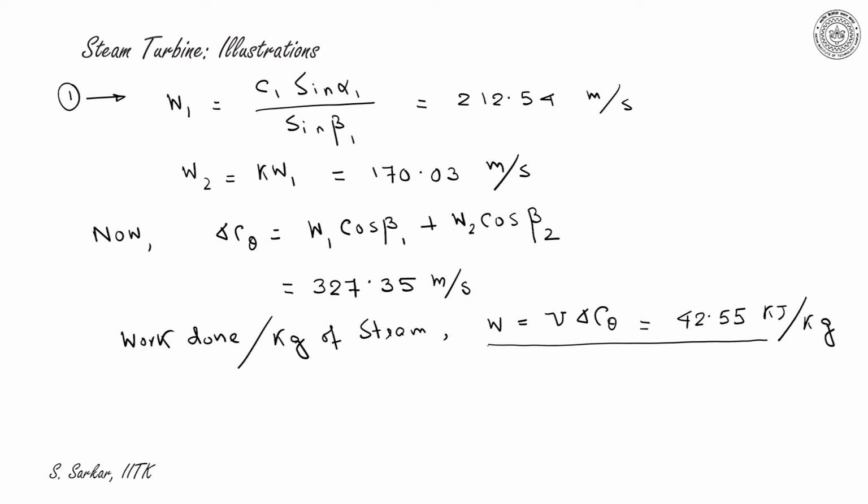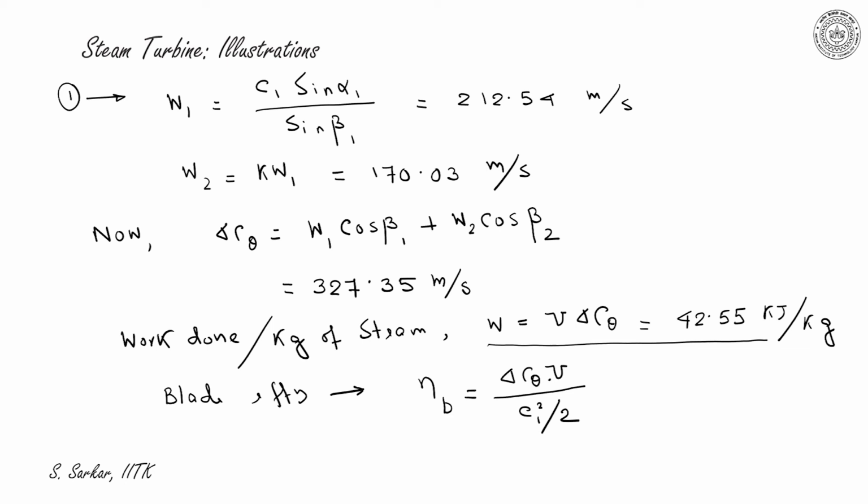Now the blade efficiency, eta B, I'll get as del C theta into U divided by C1 square by 2, the kinetic energy of the jet.